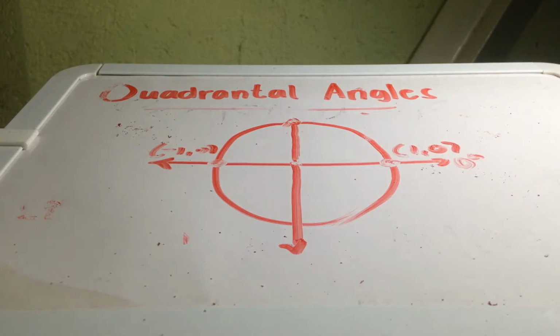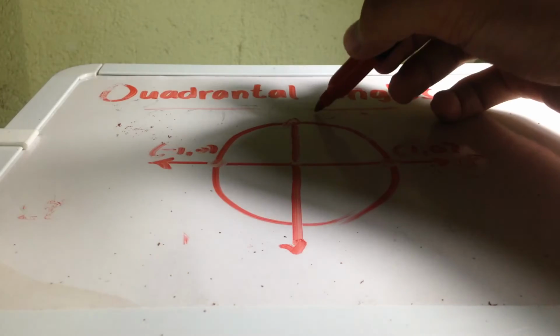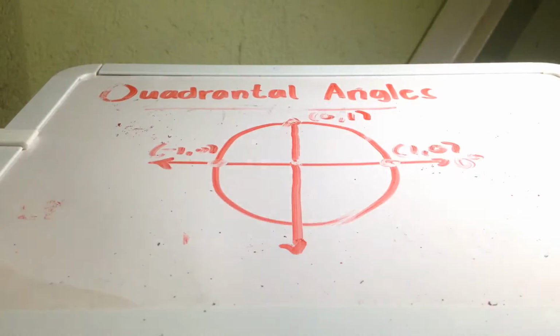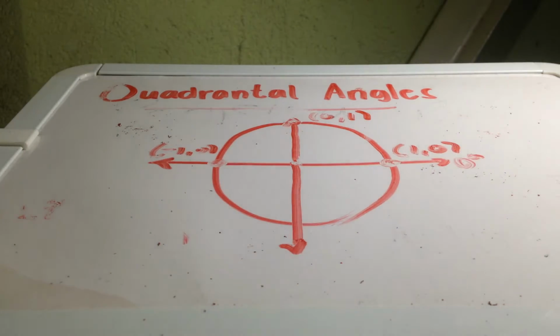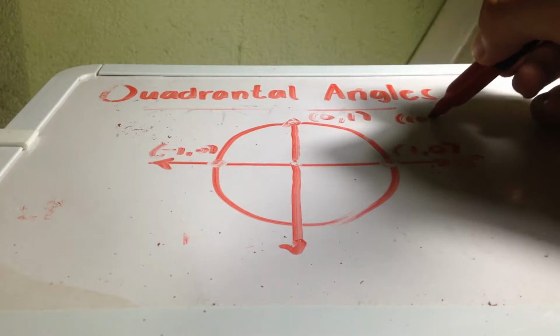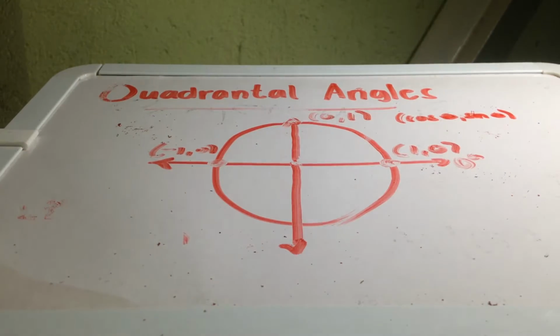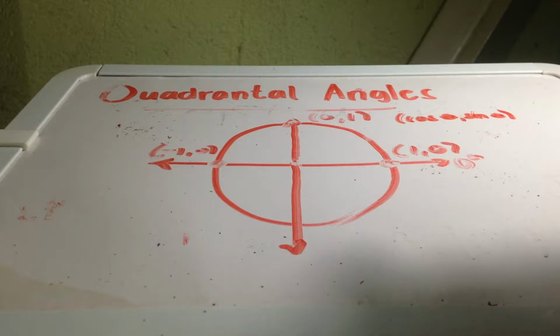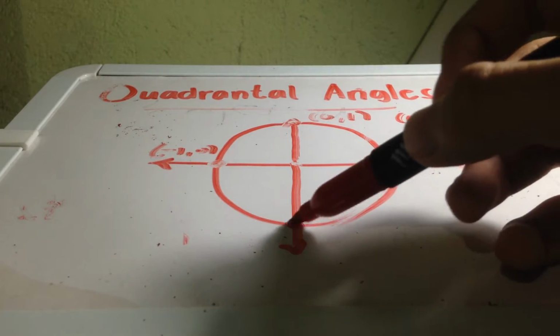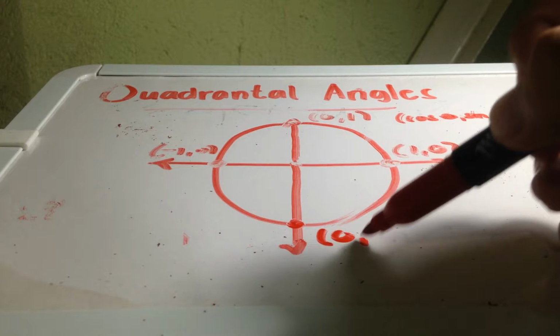Now the point at the top, it didn't intersect the x-axis, so it will only have a y value like 0, 1, using the cosine theta, sine theta point, and the bottom part of the circle will have the point 0, negative 1.